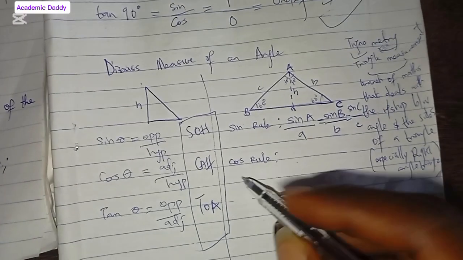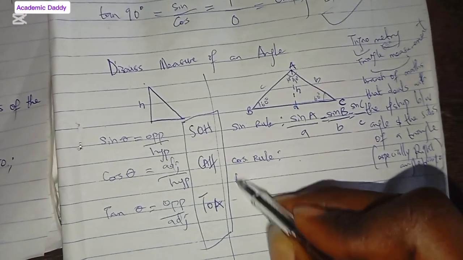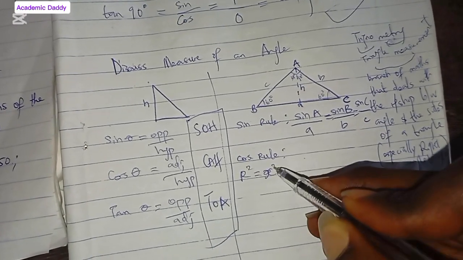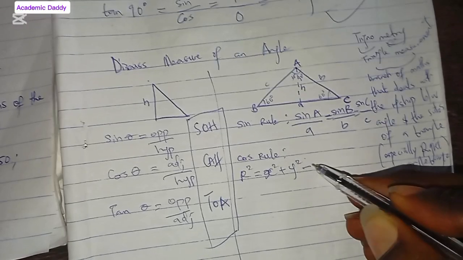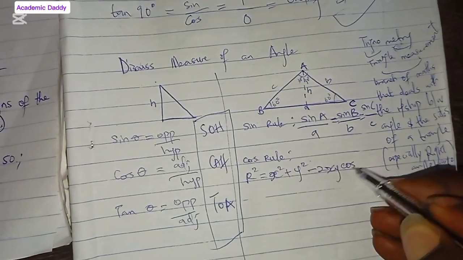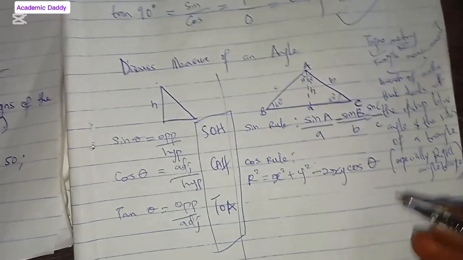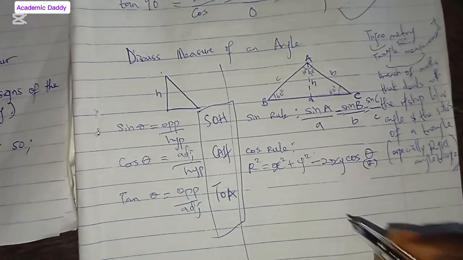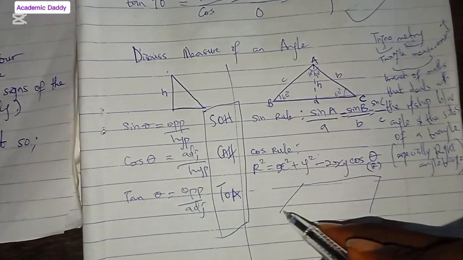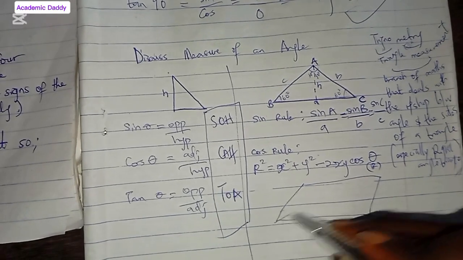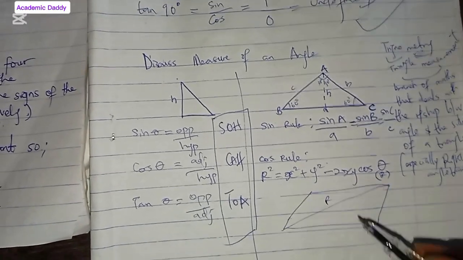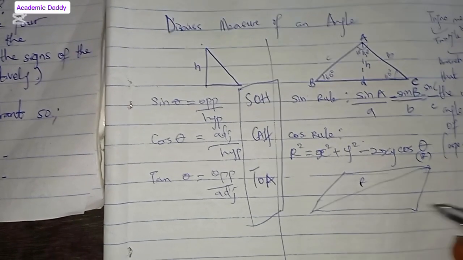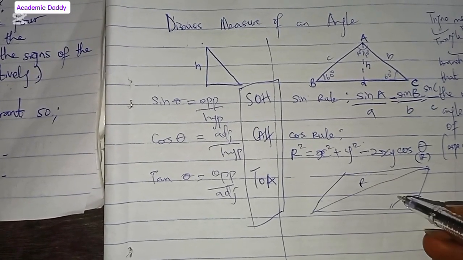If you remember from general secondary school knowledge, they'll tell you r square, that is the hypotenuse, equals x square plus y square minus 2xy cos theta, or you say cos r, because the r is what you're considering here. If you remember those secondary school days where they tell you about the parallelogram law, the sides are parallel and equal. This is equal to this, and the angle you are using is the one that is here.